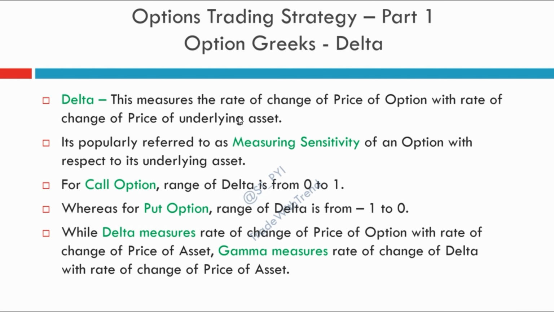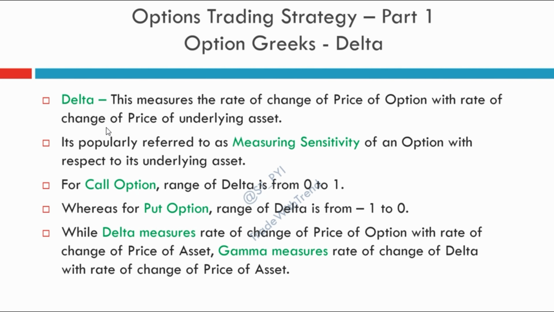Delta measures the rate of change of price of an option with respect to the price of an underlying asset. And gamma measures the rate of change of delta with respect to rate of change of price of an asset. I hope it's clear. Now the practical application of gamma, I'll be showing you only in subsequent parts. But I'll explain how to make use of delta right from today.